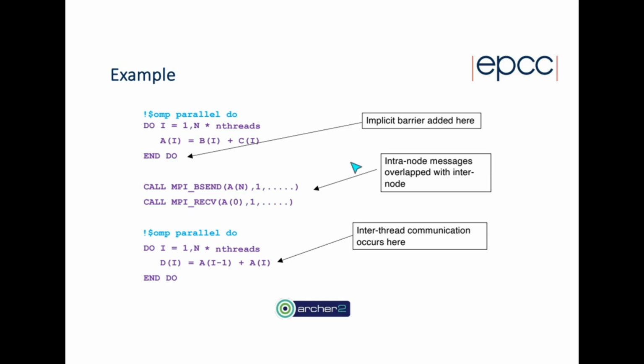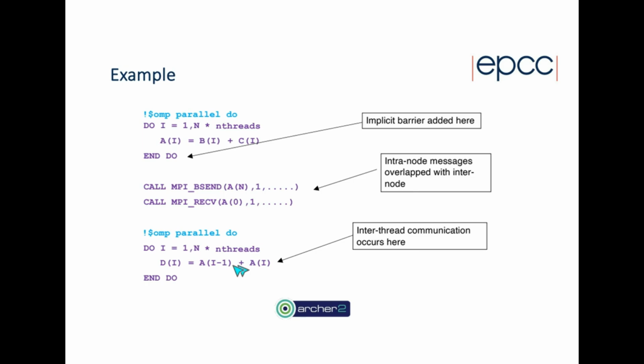And in the hybrid version, obviously the intranode messages get overlapped with internode messages, but the inter-thread communication actually happens here.